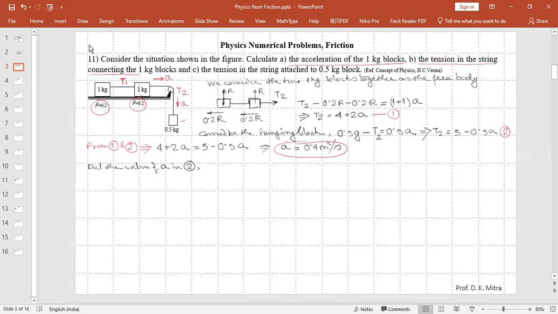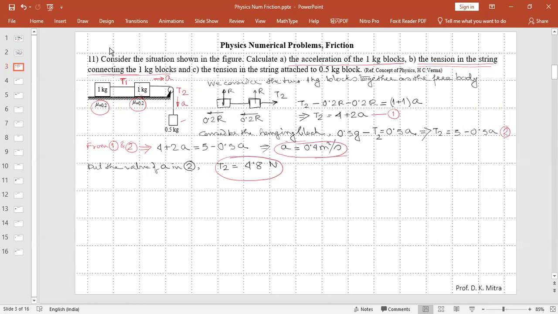We find T2 in Newton. So this is another answer. T2 is the tension in the string attached to the hanging block, and A is the acceleration of the blocks.